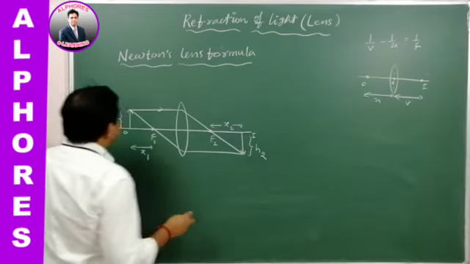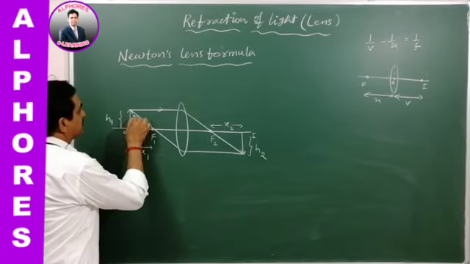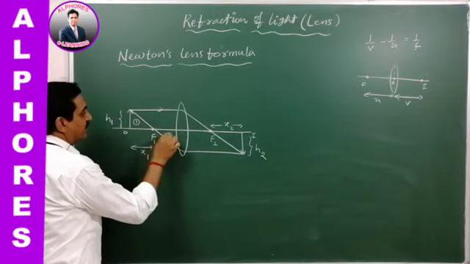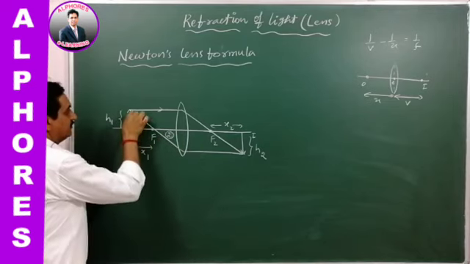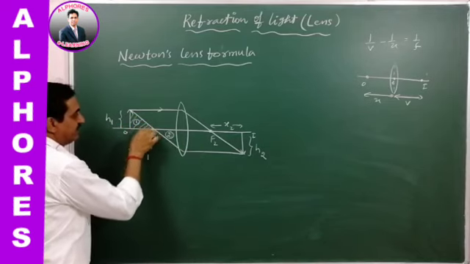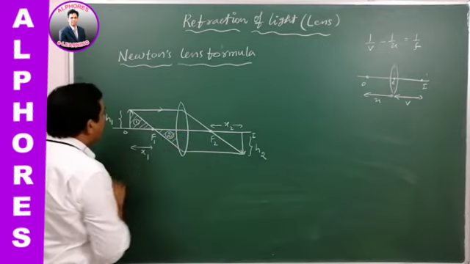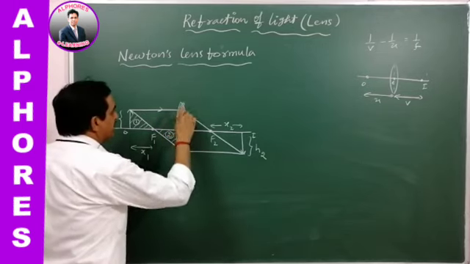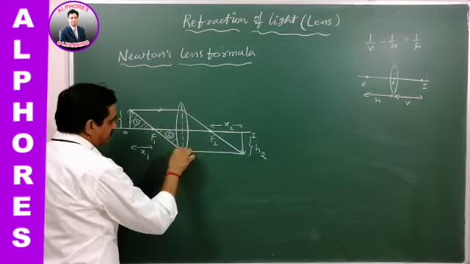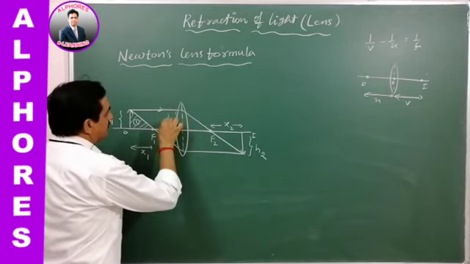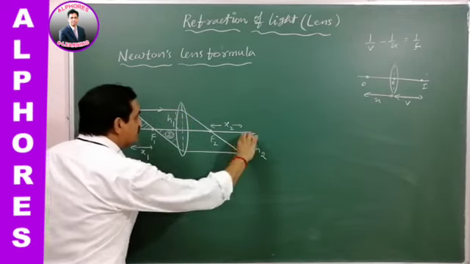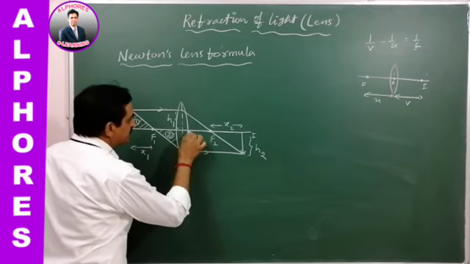Now let us consider this as triangle 1 and this as triangle 2. Of course, this is h1, this part is also h1, and this is h2, the corresponding part is also h2.